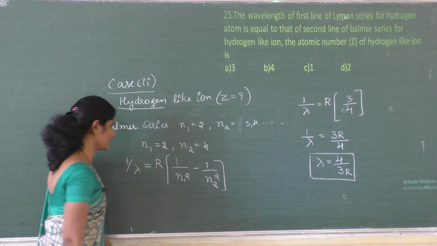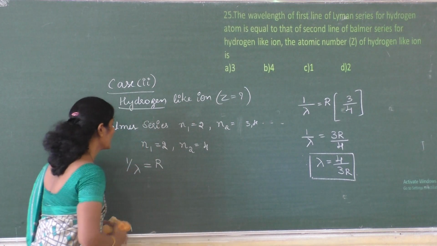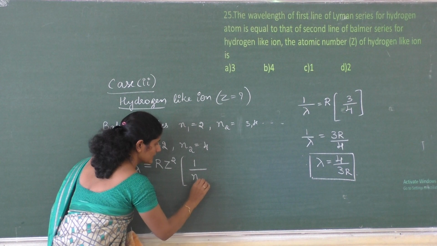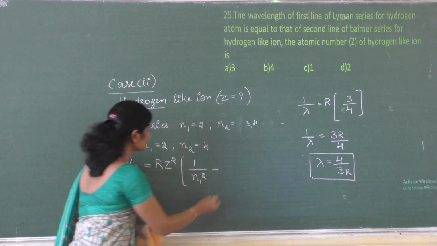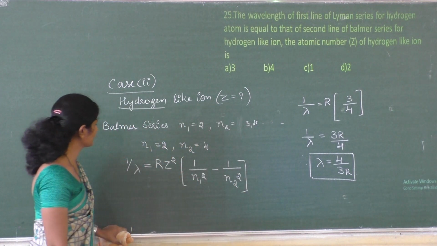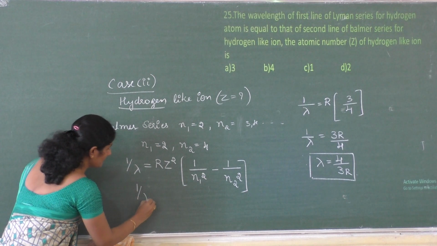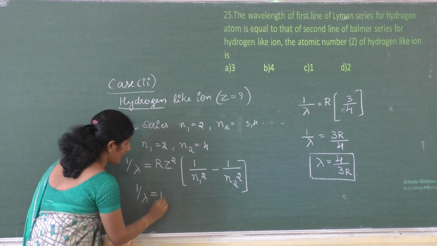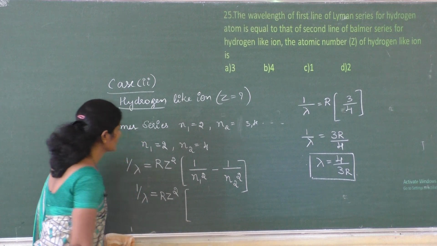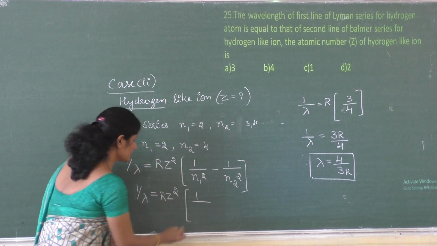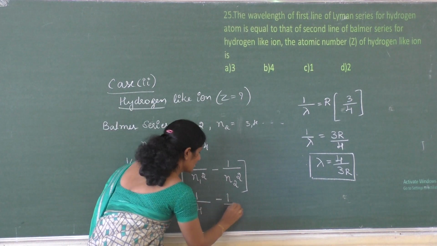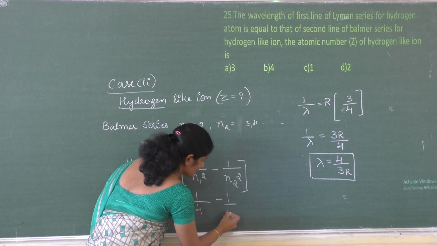1 by lambda is equal to r into z square into 1 by n1 square minus 1 by n2 square. So 1 by lambda is equal to r into z square into 1 by 2 square minus 1 by 4 square, and 4 square is 16.